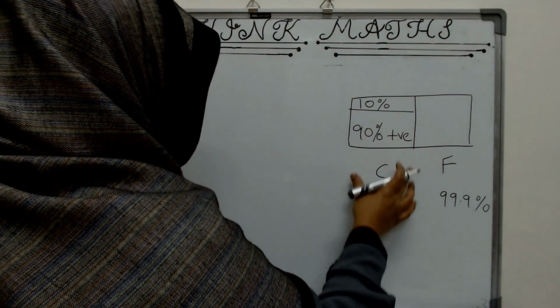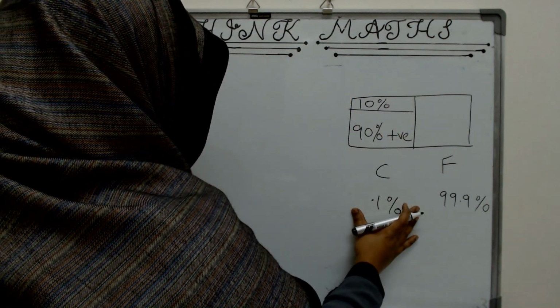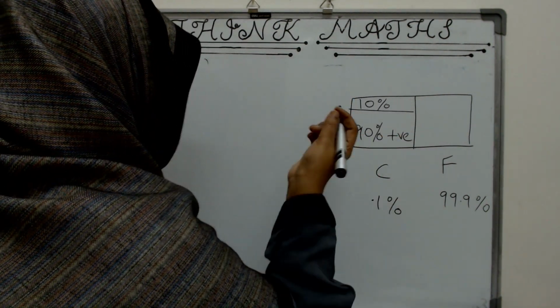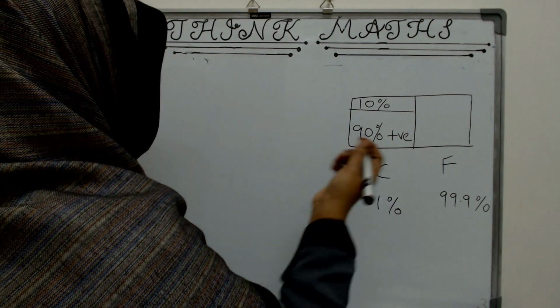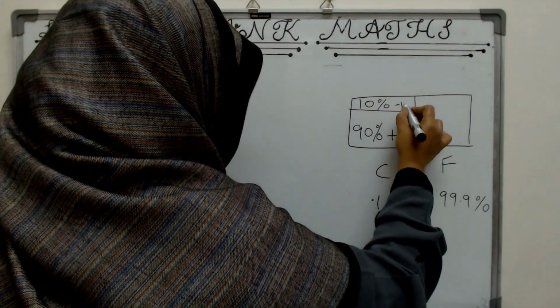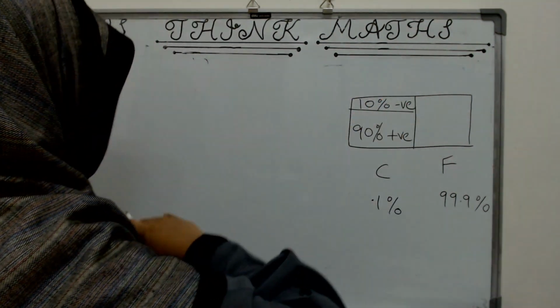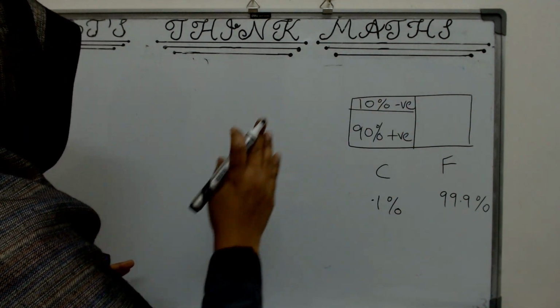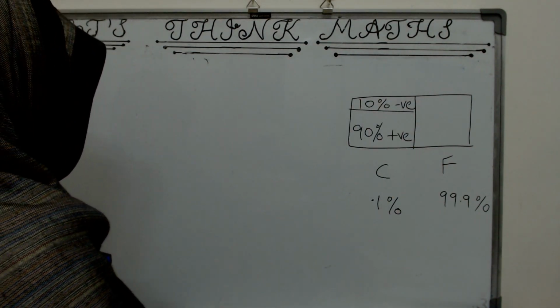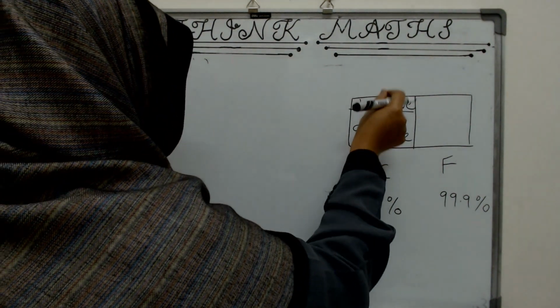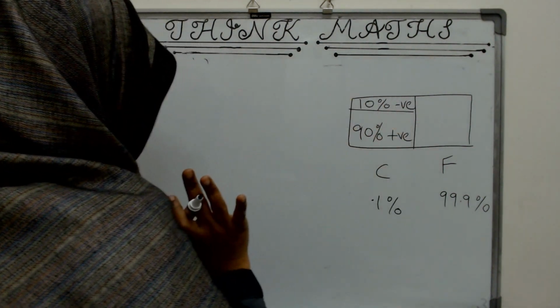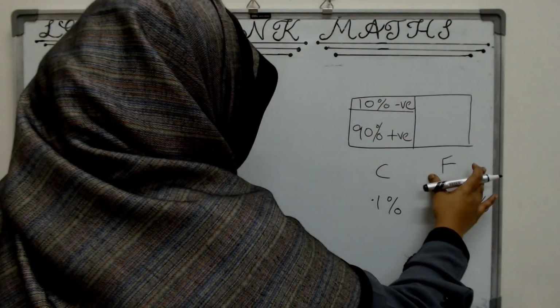These are people who actually had COVID, but the PCR test could not detect it. So the PCR test showed them to be negative. So these people are out there in supermarkets and colleges infecting people. So the PCR test failed 10% times. But what about this?